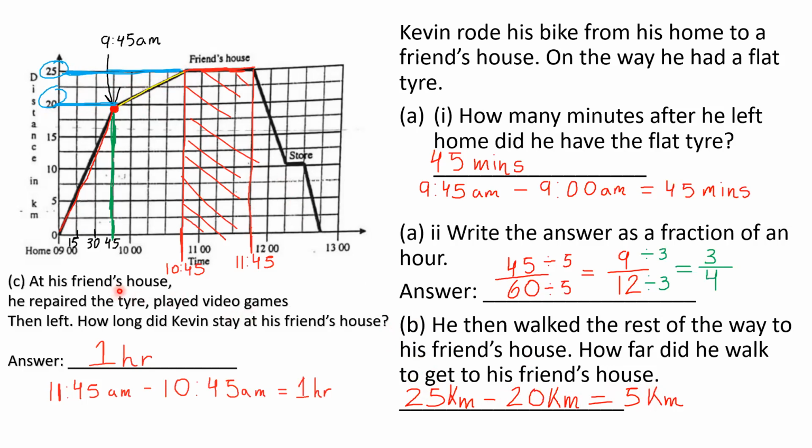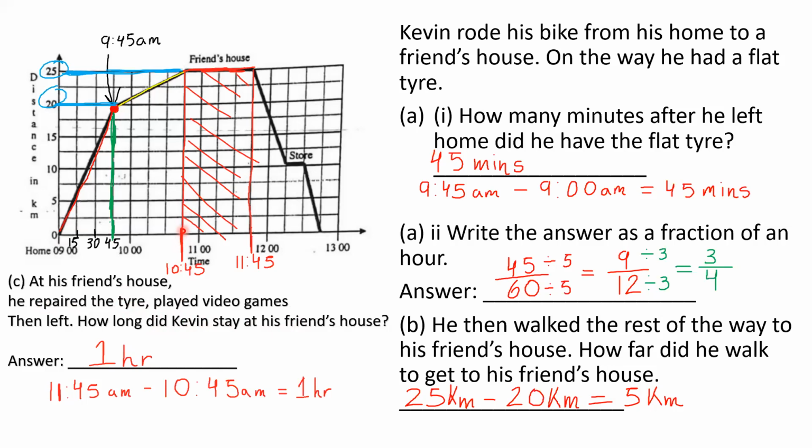At his friend's house, he repaired the tire, played video games, then left. How long did Kevin stay at his friend's house? We look at the hour in between 11.